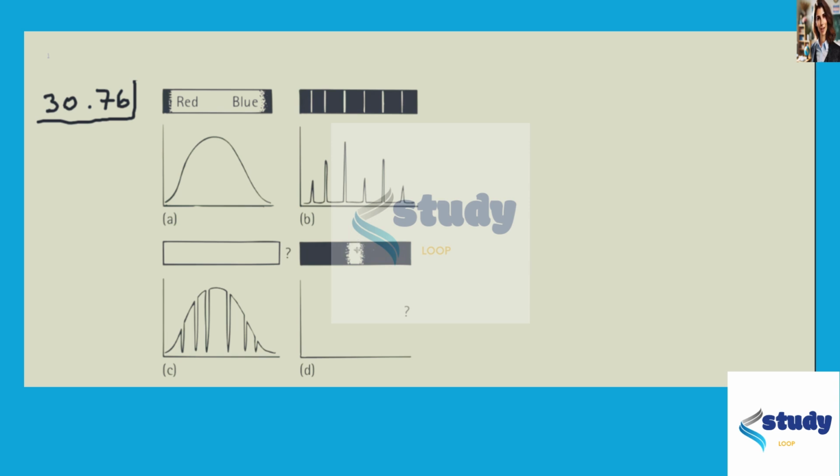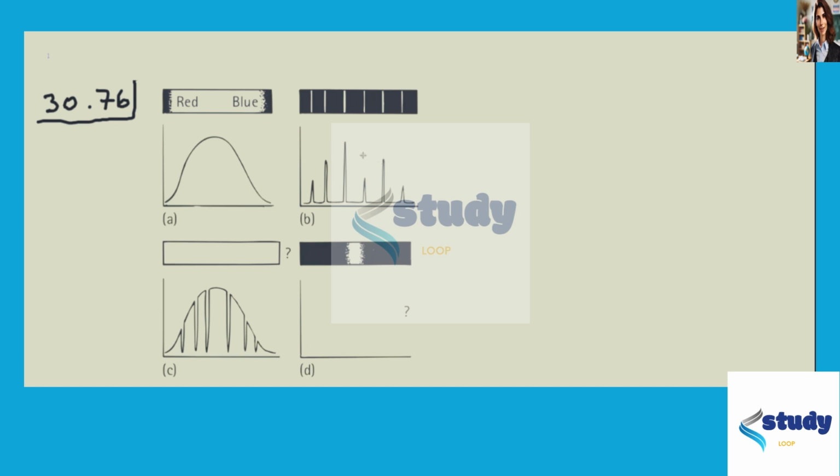And so we want to first put in what the spectral pattern here is, and then we want to put in what the radiation curve is here for the green piece of glass.